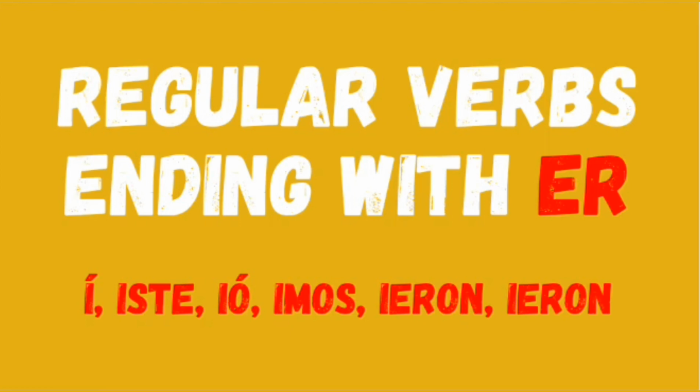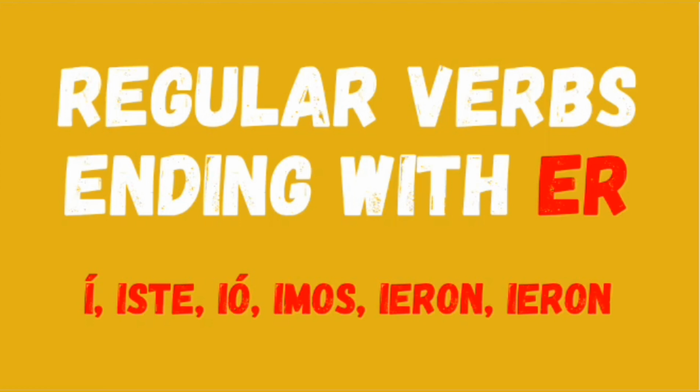So if you have the personal pronoun I, yo, the ending in the indefinite past will be letter I with an accent, í. If you have the personal pronoun you, tú, in Spanish, then the ending would be iste.